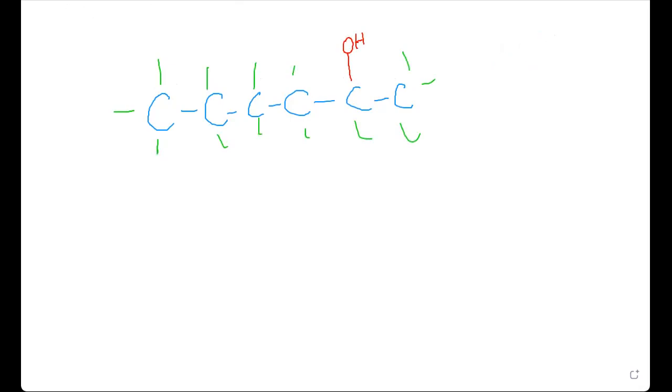The structural formula will be, let me show you. CH3, CH2, CH2, then CH2, then CH in bracket OH, then CH3. This will be your structural formula. Is it clear to you?